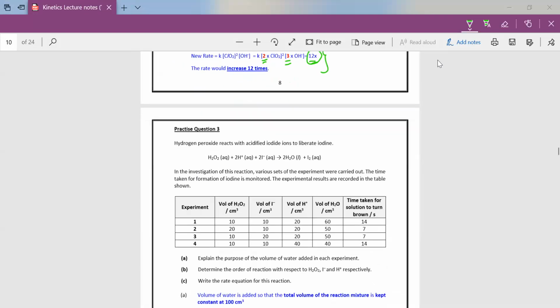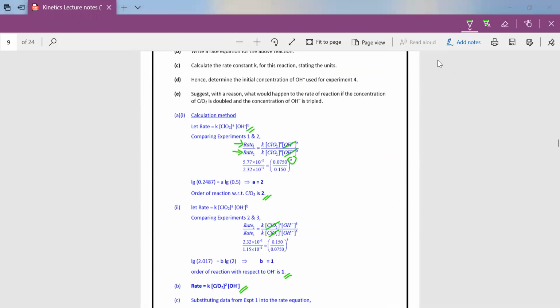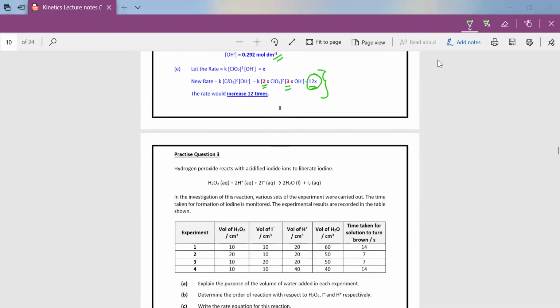All right, so let's look at one more practice question. This question is on hydrogen peroxide reacting with iodide to liberate iodine. Explain the purpose of water added in each experiment. You realize that instead of giving you the concentration, now we are giving you the volume of the reactants.